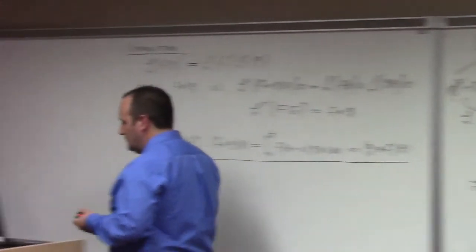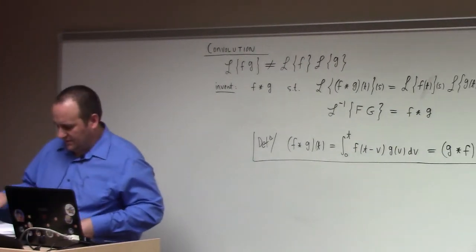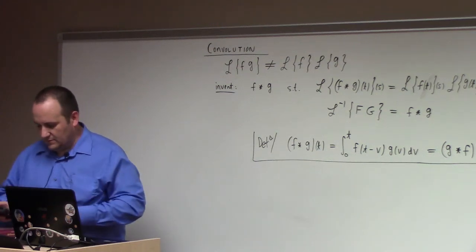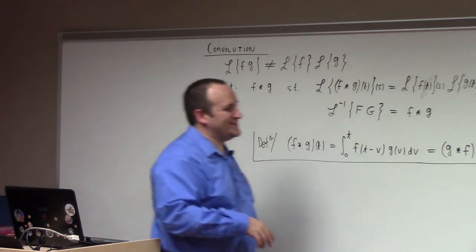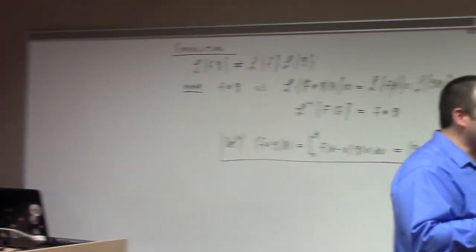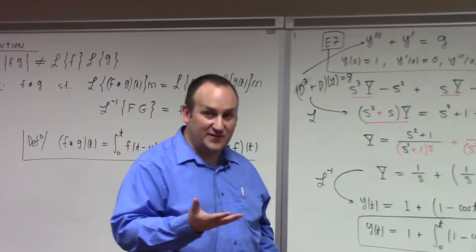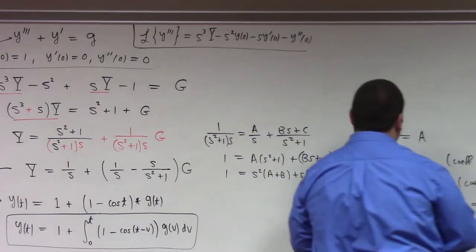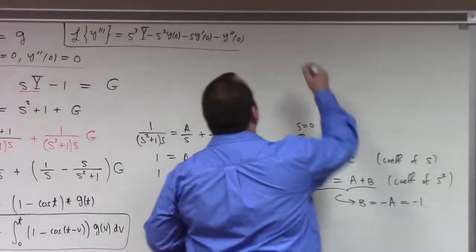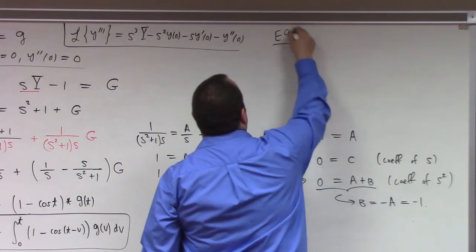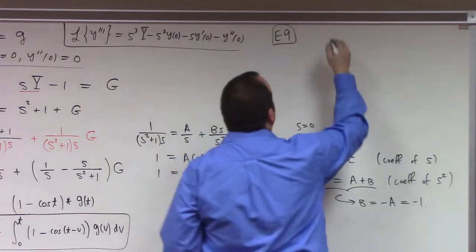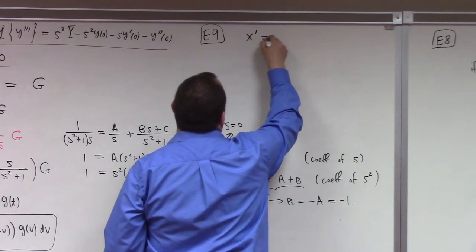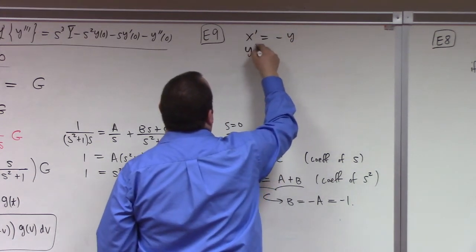So that's almost everything I have to say about Laplace transforms. One final comment about Laplace transforms, then I'll go on to series with our remaining 20 minutes. Sometimes Laplace transforms pay off big for systems. Here's one of my favorite systems of differential equations. Try to solve x prime equals minus y, and y prime equals x.